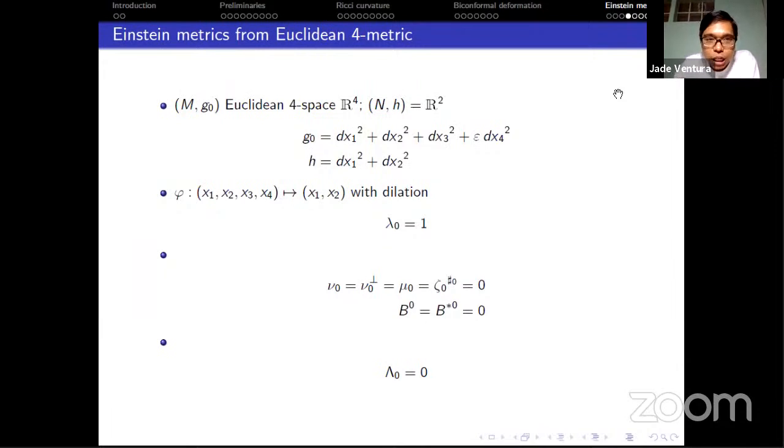So here, G naught is the usual Euclidean form on space R4, and H is R2. So G naught and H are as follows.